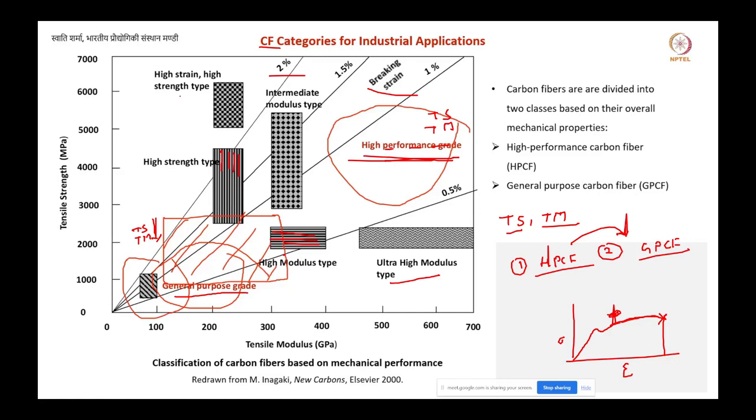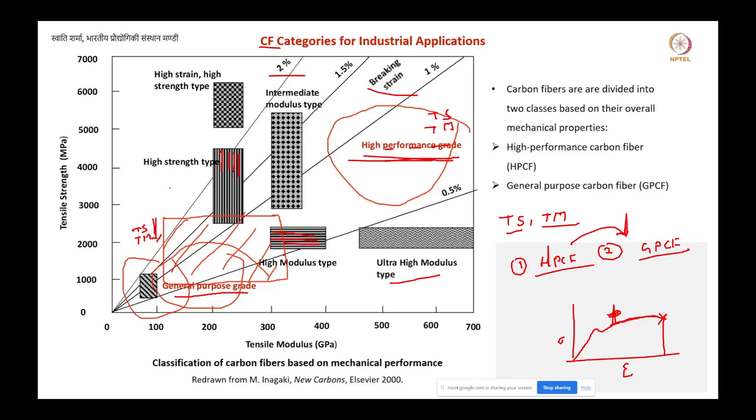So here also, on the basis of the mechanical property you want, it could be high performance, or it could be general purpose, where you don't want a very high strength. Achieving a property itself requires a lot of processing, and as a consequence your cost will increase, the use of energy will increase, so ultimately your economics will be in trouble.